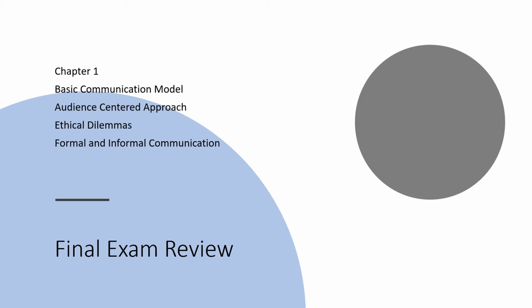The audience-centered approach is the idea that when you're creating a message, you keep the audience's perspective in mind. Ethical dilemmas are associated with the moral and ethical aspects of communication that people need to take into account.